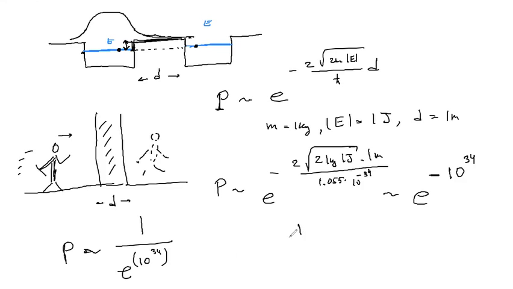If you have just 1 over 10 to the power 34, this is already a very small chance. But you have an exponent in this power. I don't know if you can feel it or not. Can you feel this? This is extremely small. This is zero. It's the official definition of zero.